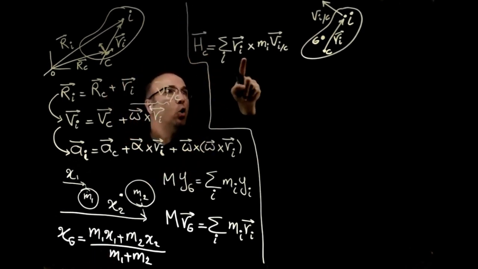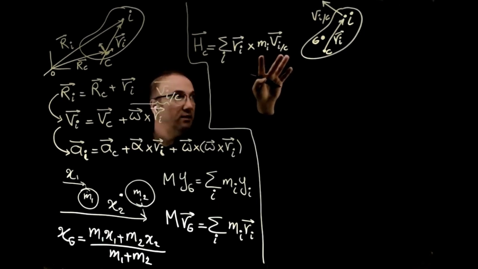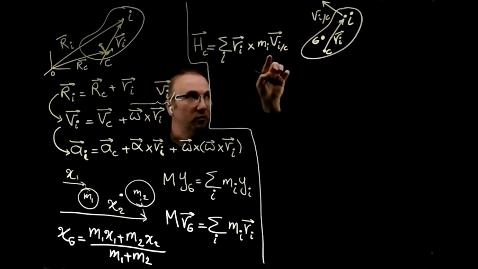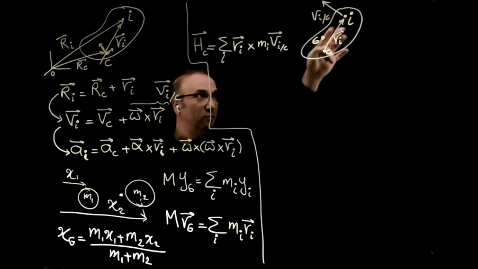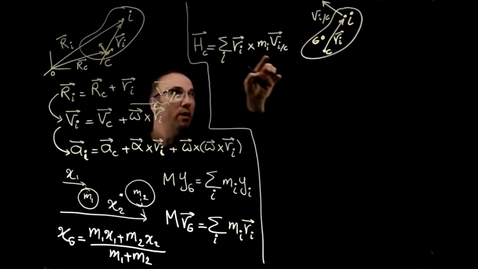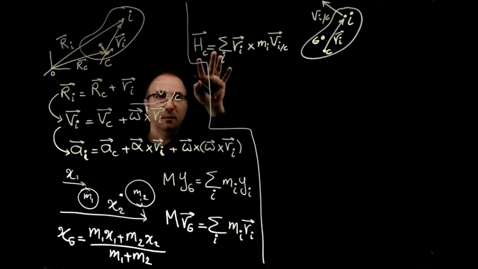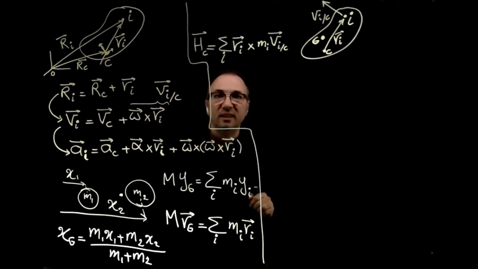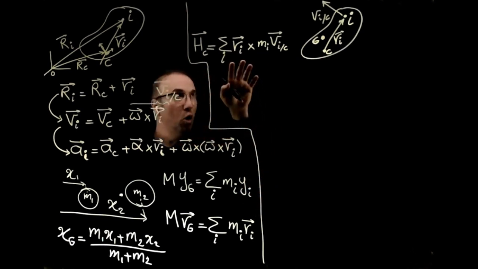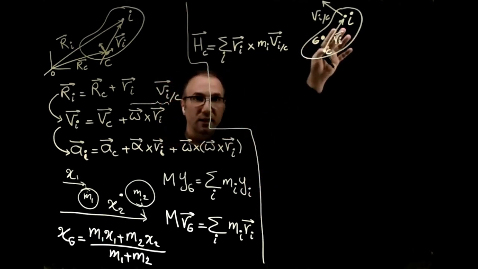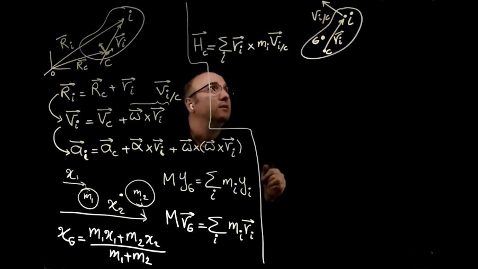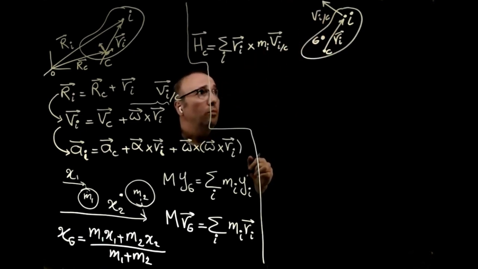So I sum over the relative velocity times mass, the linear momentum relative to C, and the moment of that. I call this the angular momentum around point C: the moment of linear momentum with relative velocity. So this is angular momentum around point C.